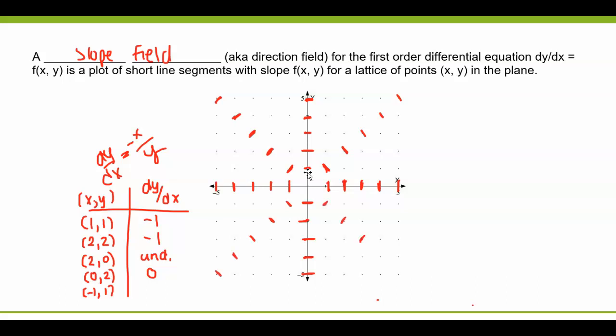For time purposes, I'm going to just fill this in a little bit, because I actually already know what my slope field is. And if you can follow along slightly to how I'm drawing in those points, maybe you've figured out what this slope field is.